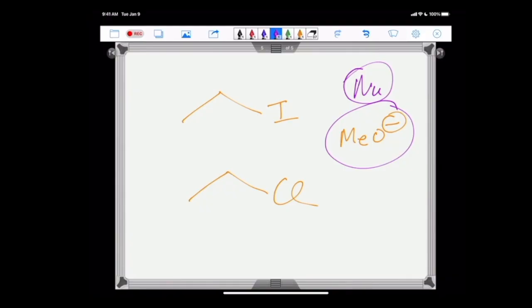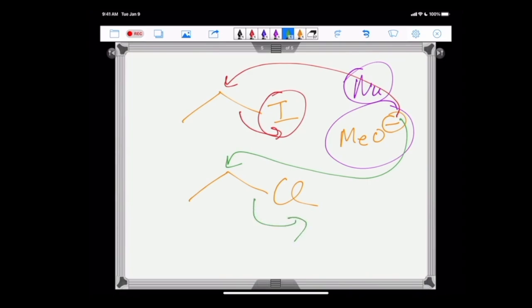The competition I'm doing here is this guy's going to attack to lose iodide versus that guy's going to attack to lose chloride, right? Everybody with me? This is my choice. Oxygen is always going to attack. The question is, is iodide happier to lose or chloride happy to lose?